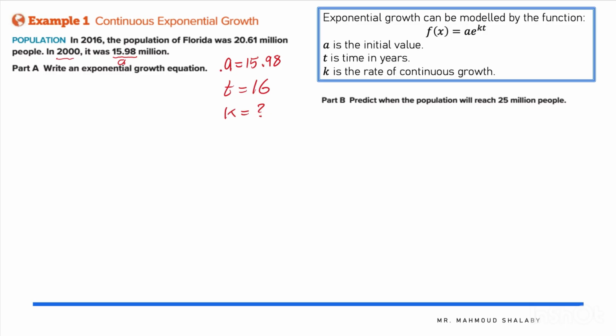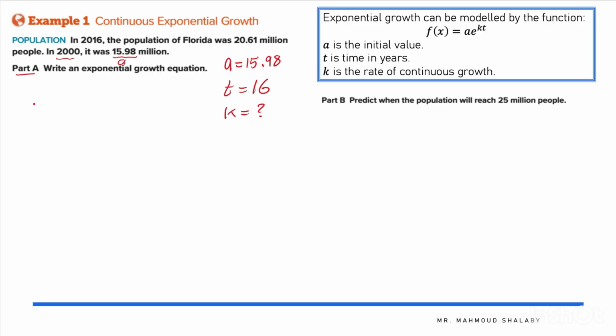This is just advice: you can write a, t, k and write what is given in the question, so it's obvious that you need to find the value of k, so you will be able to solve other parts later, like B and C. Let's see part A, the first question. Write an exponential growth equation that represents the given situation.